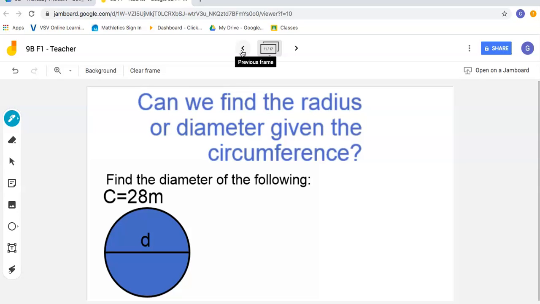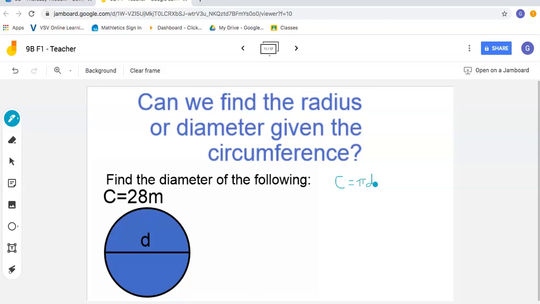So I have an example here where we've got to find the diameter of the following. Now, as we know, the formula to find the circumference of a circle given the diameter is C equals pi times the diameter. That's how we find the circumference.